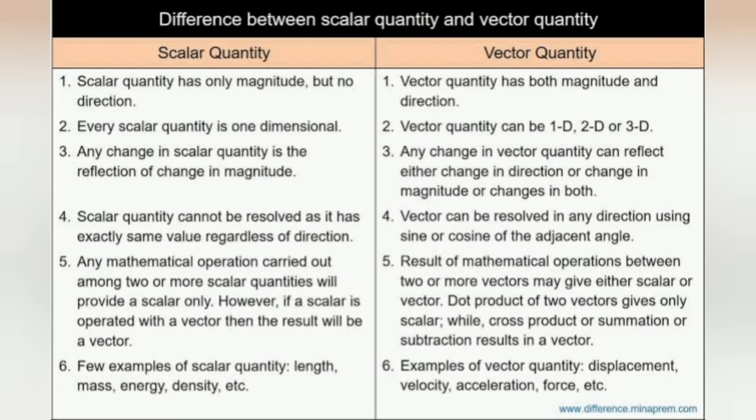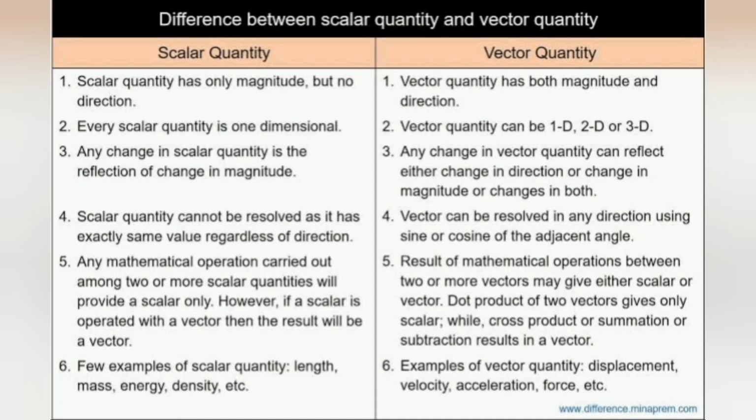And any change in a scalar quantity is the reflection of a change in magnitude. That is, when the magnitude is changed, the scalar quantity is also changed. But if the direction or the magnitude changes, then the vector quantity also changes.